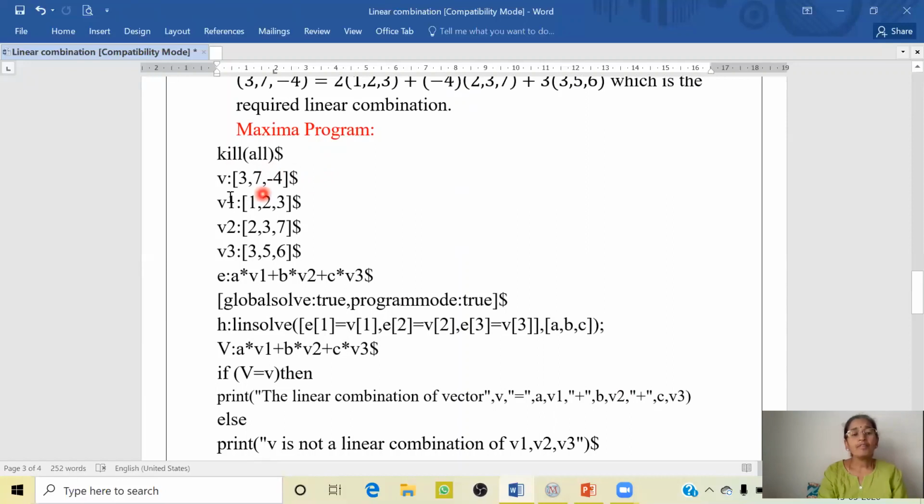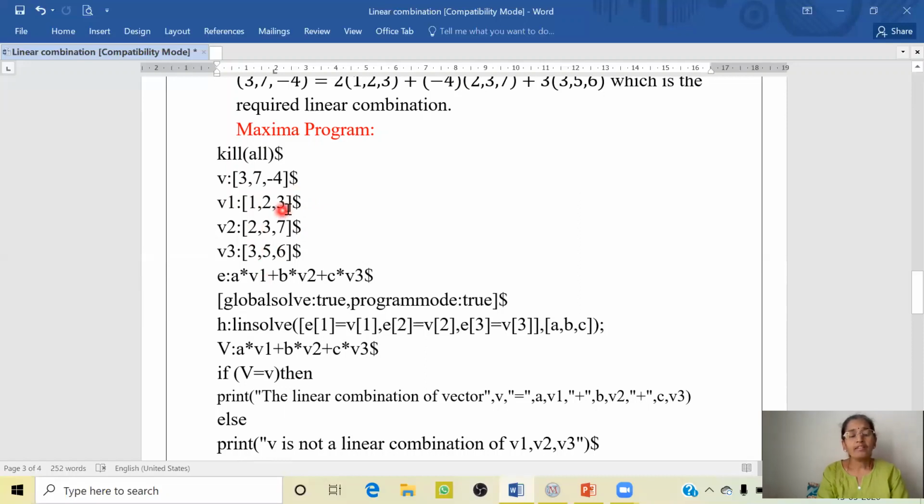Next, let us substitute V, the required vector, to be expressed as a linear combination of V1, V2, V3. When we want to put the vectors in the Maxima code, we need to put them within square brackets along with commas in between.